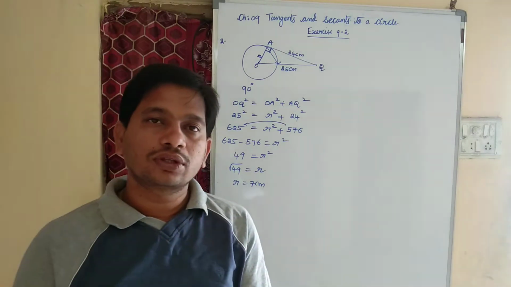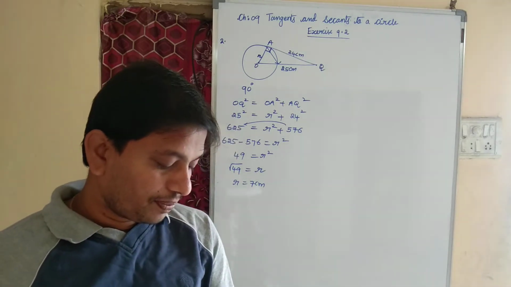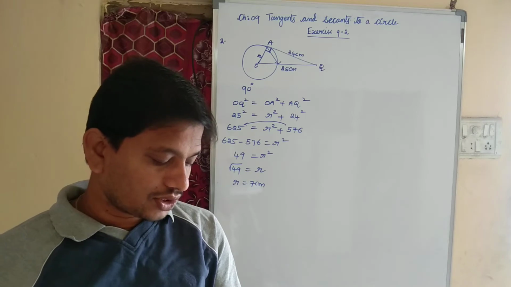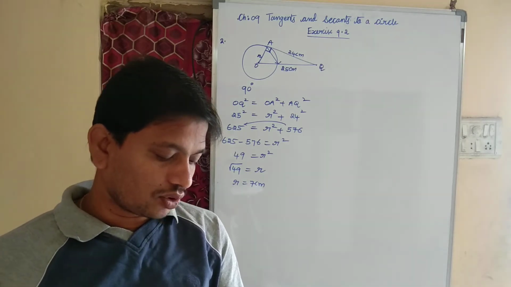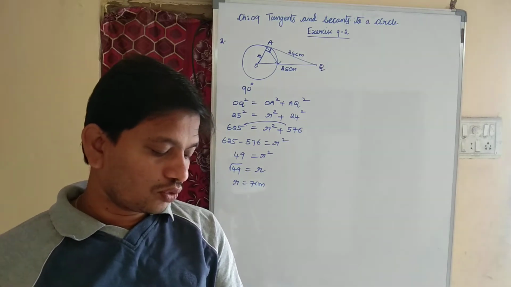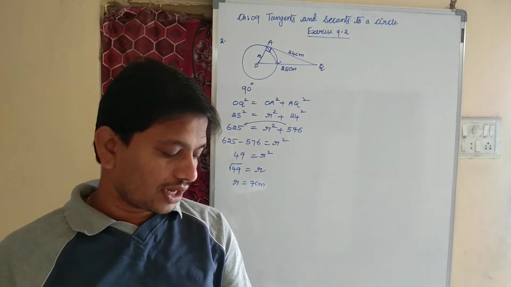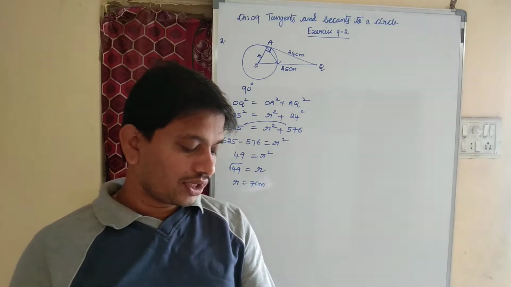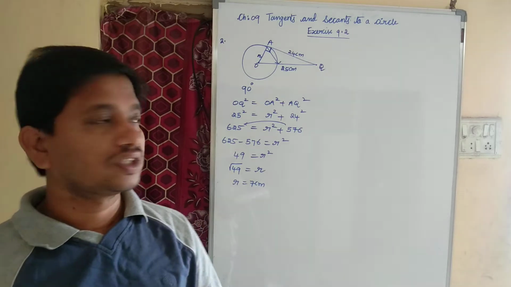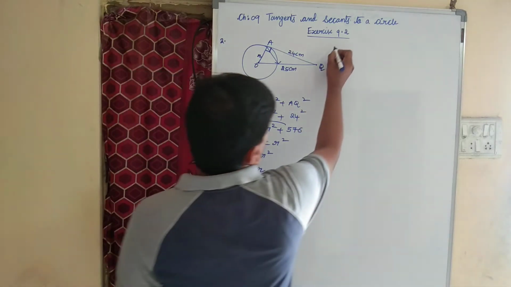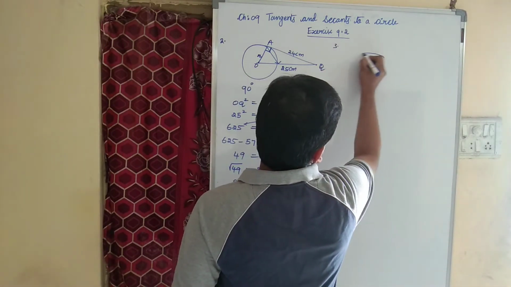Now coming to the third question, if AP and AQ are two tangents to a circle with center O, so that angle QOP is 110 degrees, then angle PAQ is equal to dash. That is our question number 3.